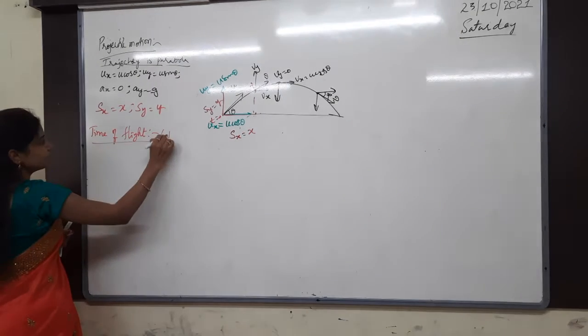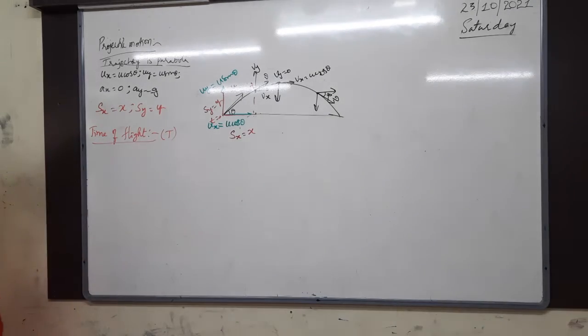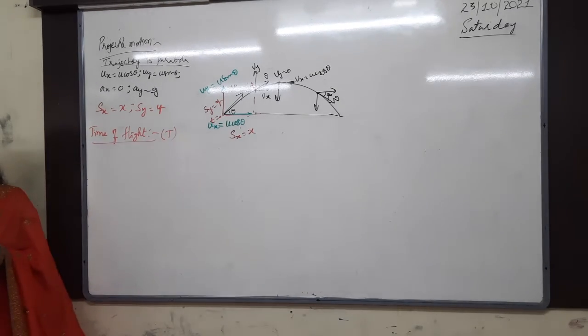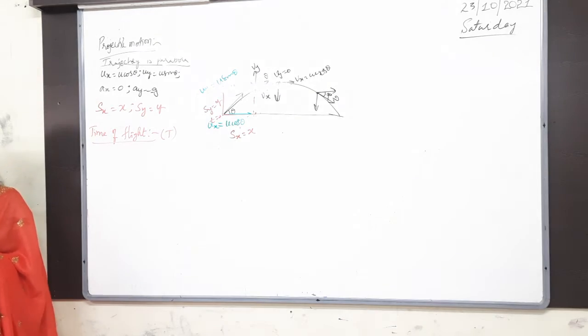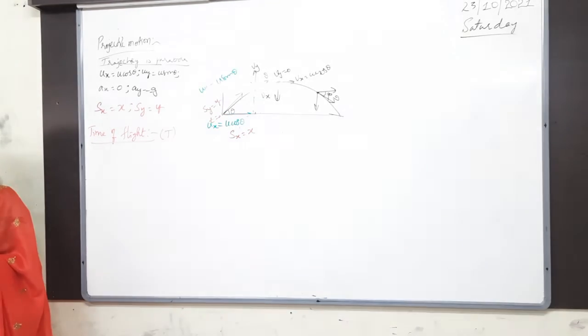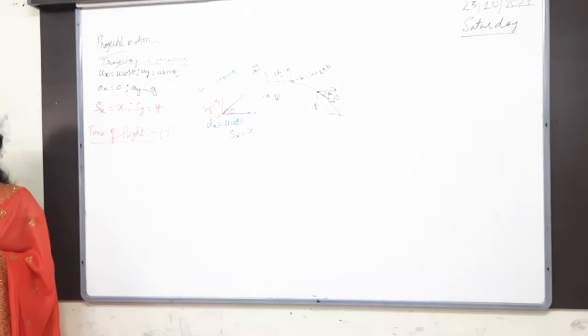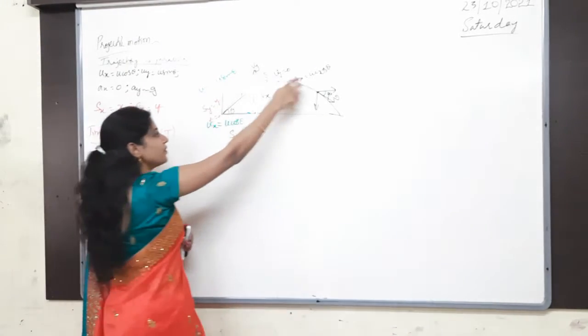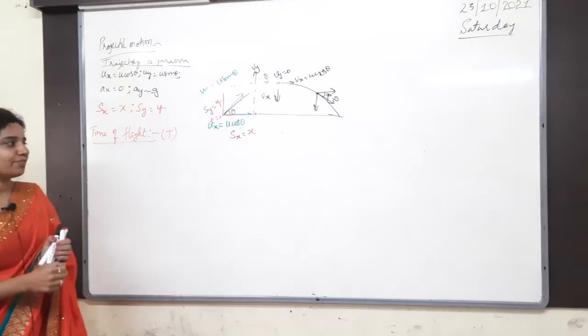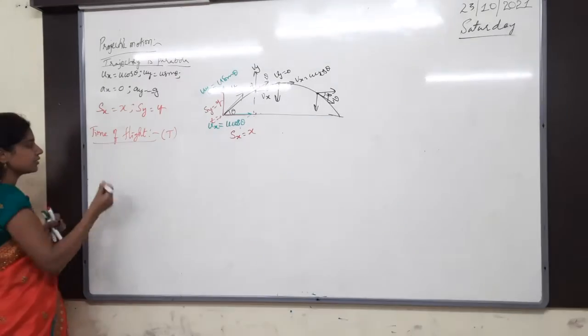Time of flight. What do you mean by time of flight? The time taken to remain in the air. Correct? So before reaching the ground, how much time is it taking to travel from the initial point to the final point? So for that, first of all, we will find out the time of ascent.